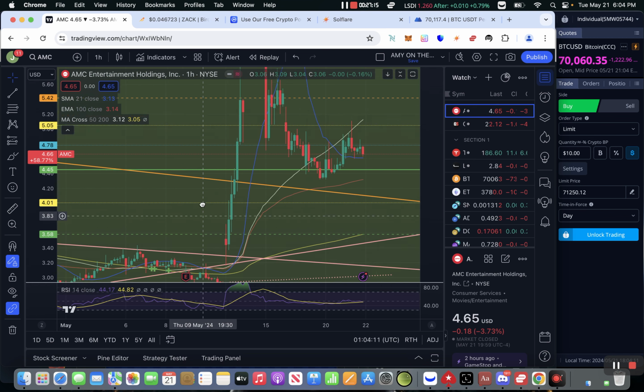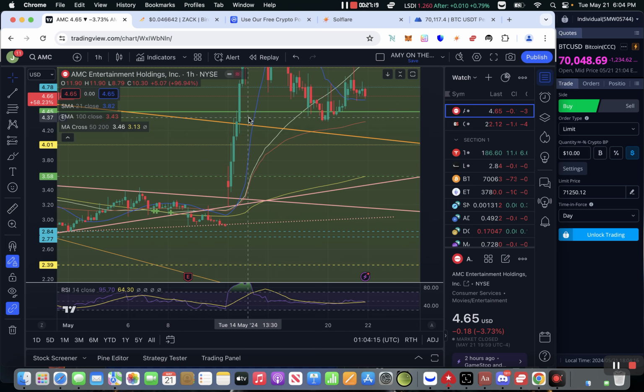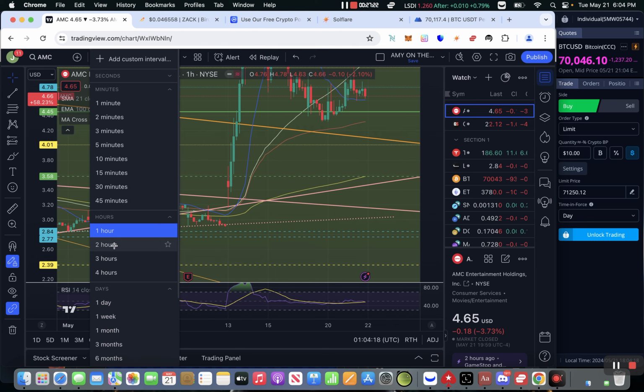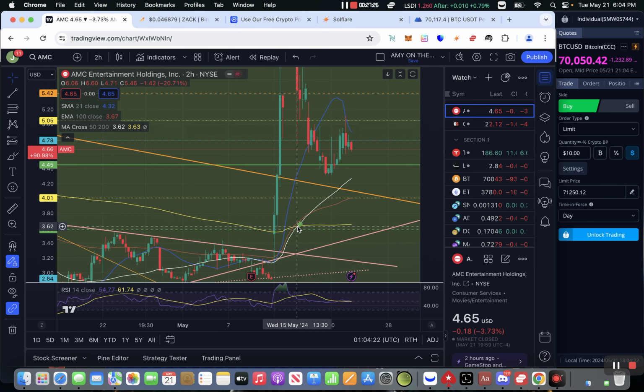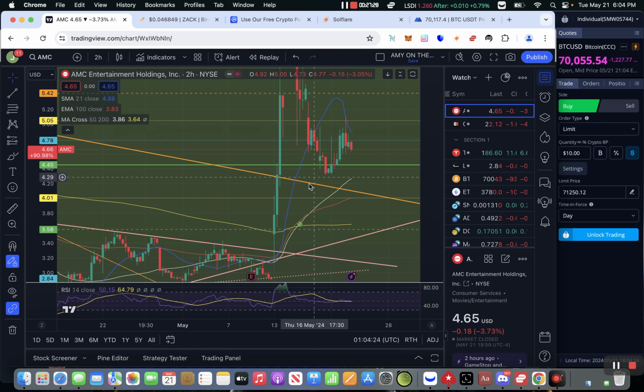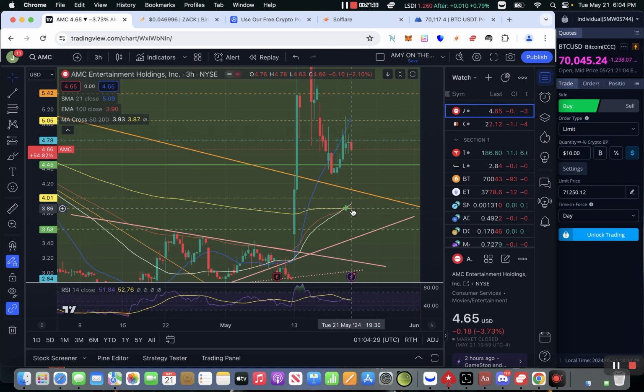This is the 1 hour check. This is bullish. Second hour check, this is our move last week. 3 hour check, but we're going to see how bullish this is.